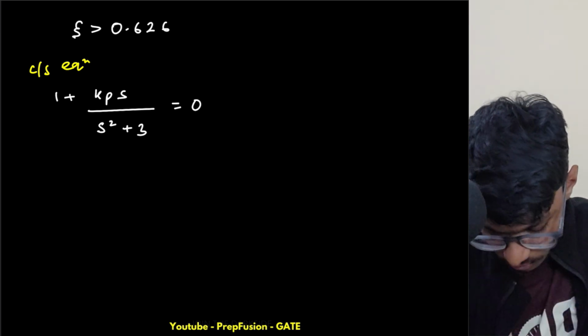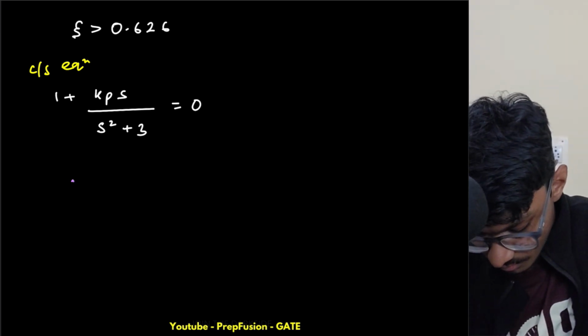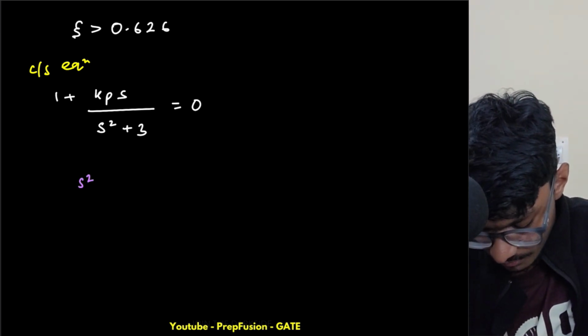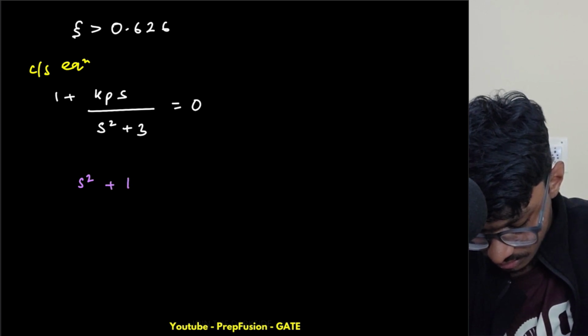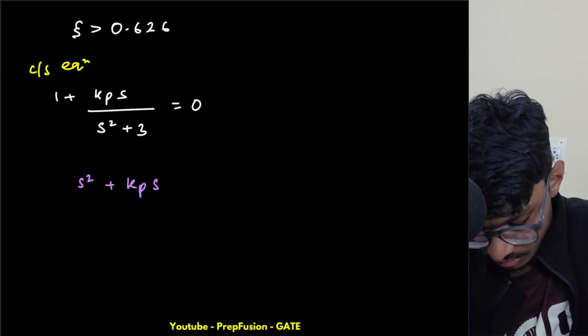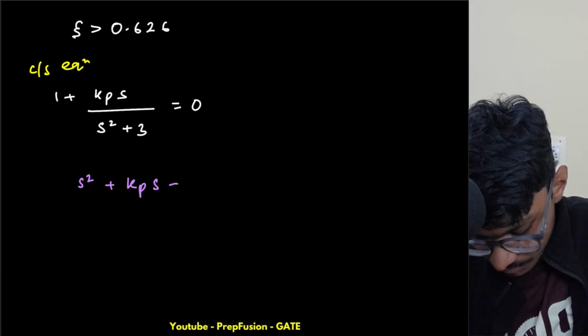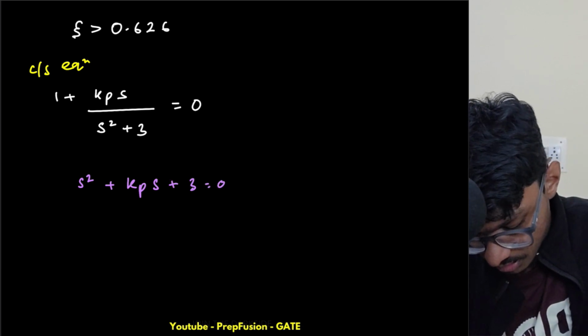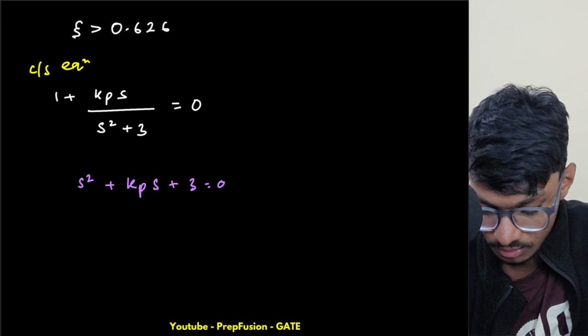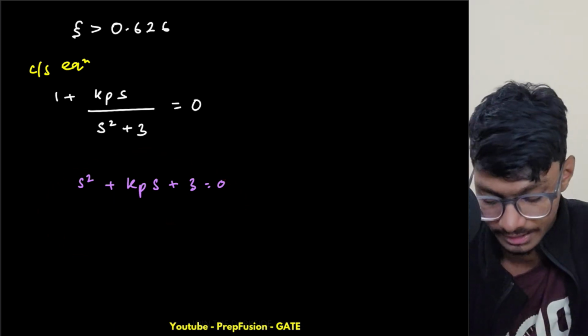Okay, so this will be S square plus Kp S plus 3. Now what is important here? So this is the closed loop characteristic equation.